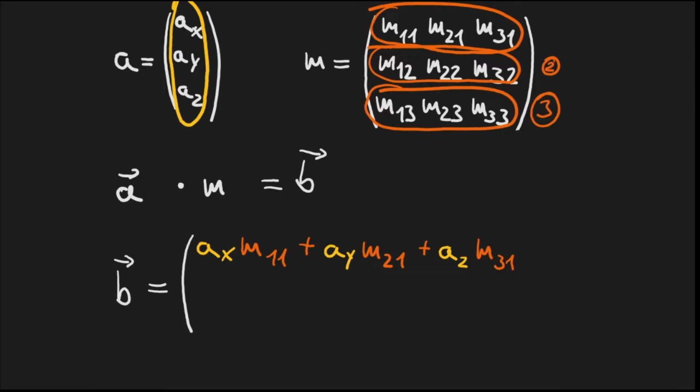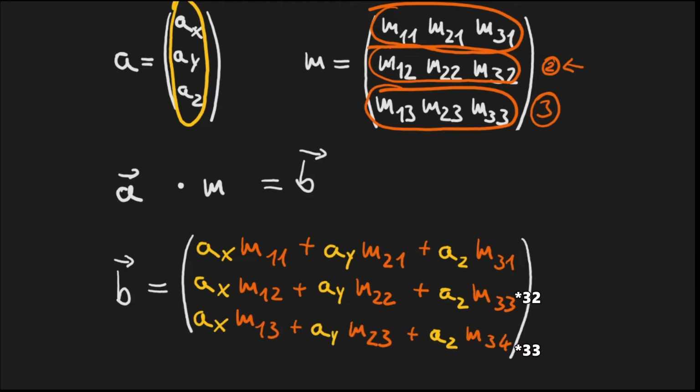And let's do that for the next row, which will be just again AX times, this time the second row, M12 plus AY times M22 plus AZ times M33. And that's it. That's how you multiply a vector by a matrix.